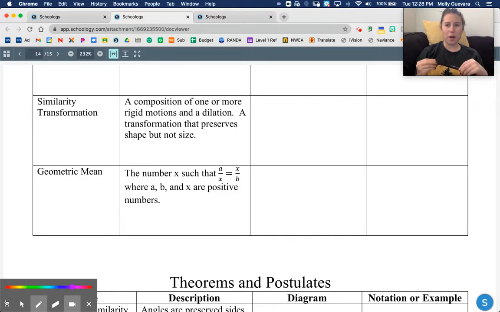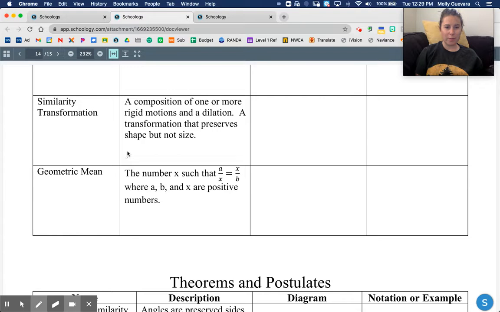Okay, so here we are on the terms page, and our new vocab for today is similarity transformation. So this is a composition of one or more rigid motions and dilations, a transformation that preserves shape but not size. All this means is same shape, different size.